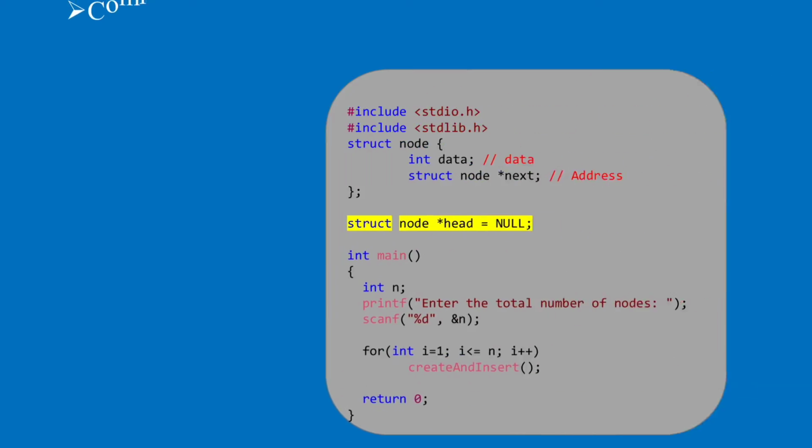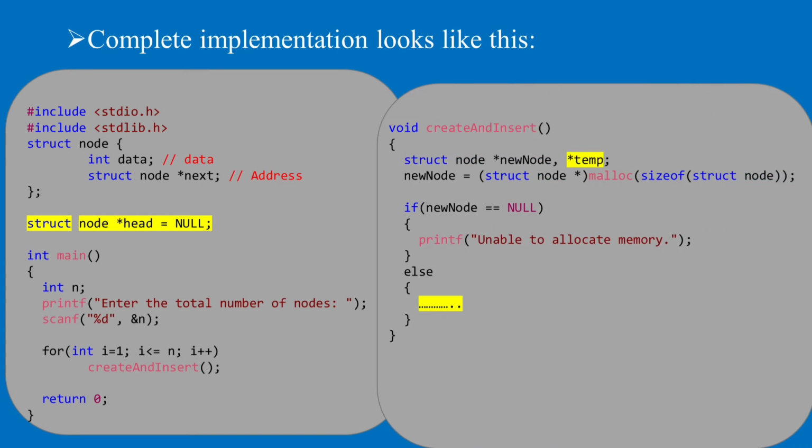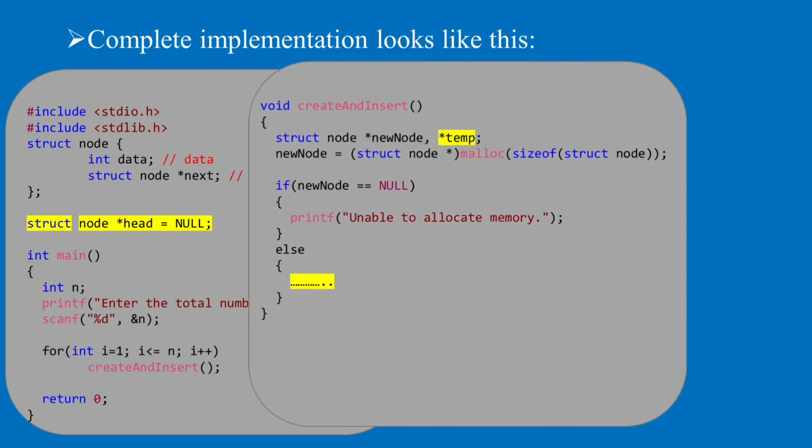Now, complete implementation looks like this. Head is the global pointer which points to the first node in the list. In create and insert function, we created a new node with malloc and checked memory allocated properly or not.